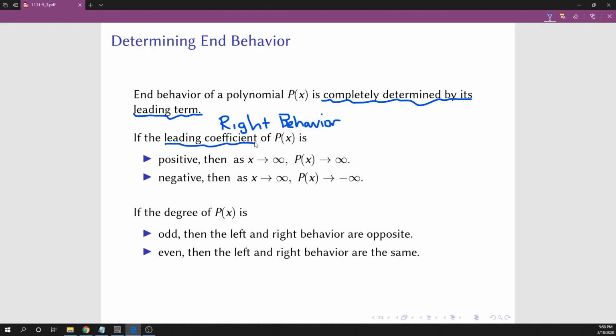So whatever the leading coefficient is, if it's positive, then the graph is going to go up as you go to the right. If the leading coefficient is negative, then it goes down. So that's the situation. And the question is, why is that true? And for that, let's take a look at Desmos.